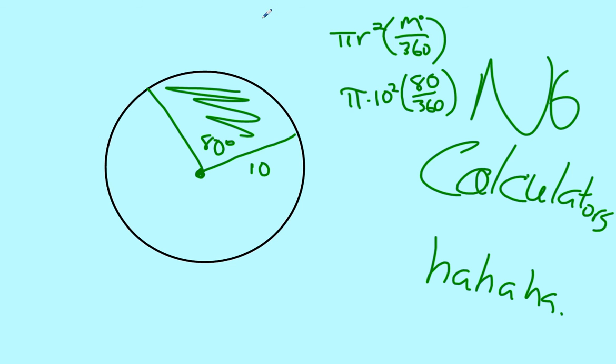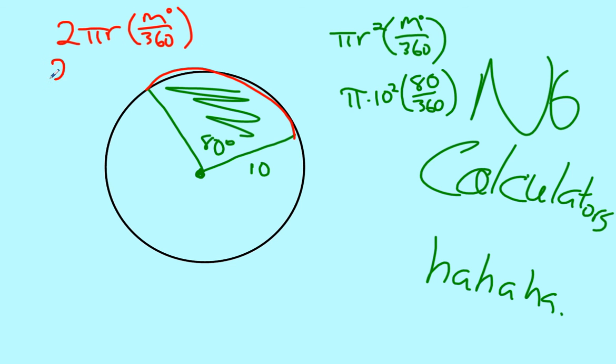Then the other thing you're going to need to know: what is the length of this arc here? It's the same thing, except instead of looking at area, you look at circumference, and that's just 2 pi r times the measure over 360.